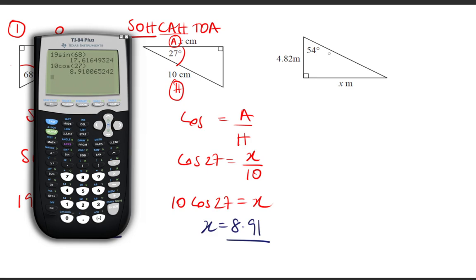So in this question again, here's the angle. The x, hopefully you realise now that's the opposite and this is the adjacent. So if you look at what formula we need, this one because it has the O and the A in it.